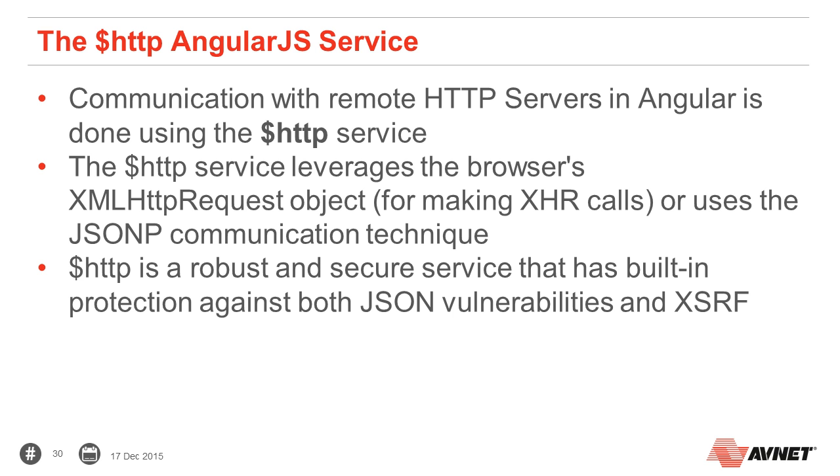It can also employ the JSON-P or JSON with padding communication technique, which can be used for communicating with other web servers. We can get around some of the restrictions that we have from a security perspective, the same-domain policy. $http is actually fairly robust and fairly secure.